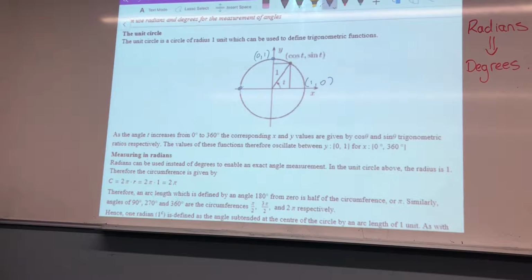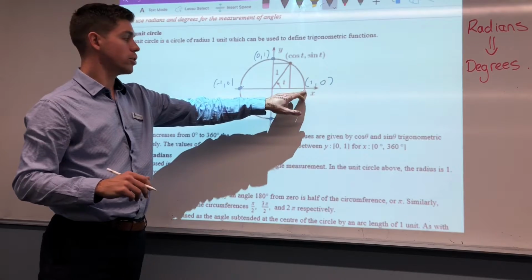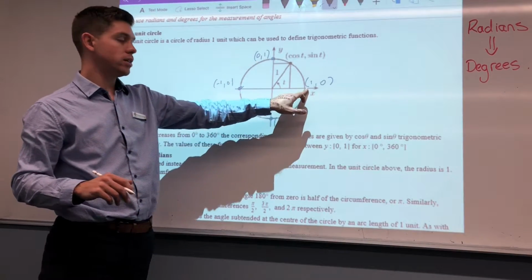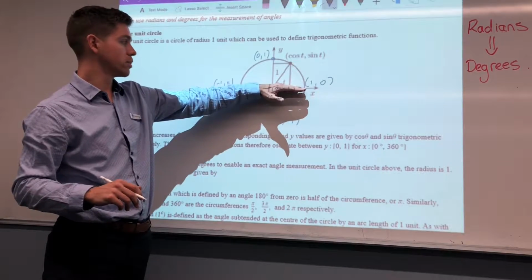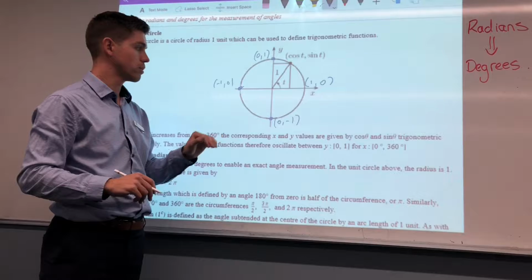And the far left, -1, 0. And down here, 0, -1. Okay. So the unit circle, as we sweep around the edge here, the radius of length 1 sweeps out a circle like so.